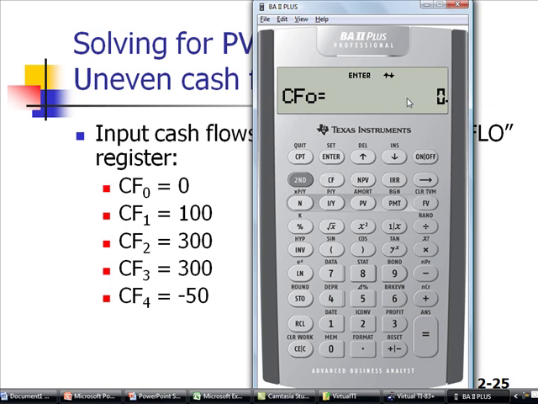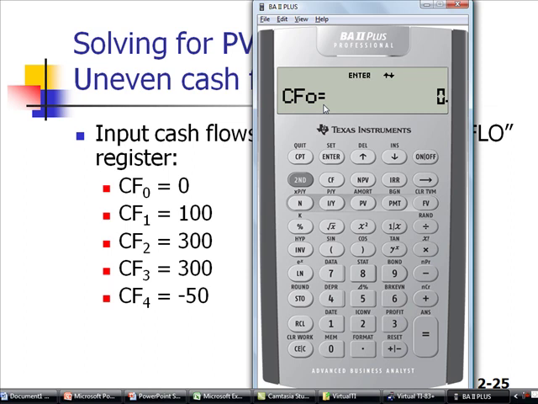Now, you're seeing one line of the registers right here, cash flow 0, and there's a whole bunch more below that. We can't show them all at once because the calculator only shows one line at a time. The first thing we should really do, though, once we're inside this cash flow worksheet, is clear it out.